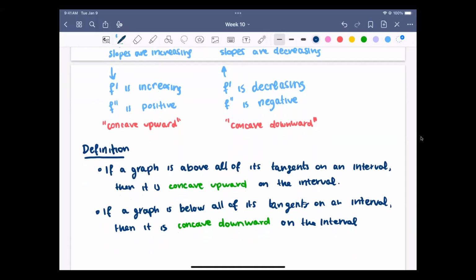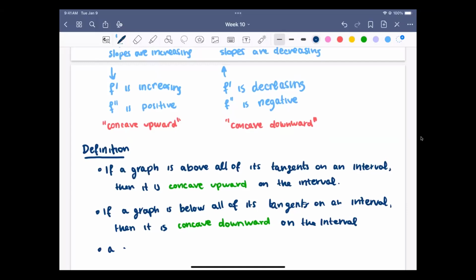Okay, one last piece to this definition is going to be the points where the function changes from being concave up to being concave down, and that's called an inflection point.